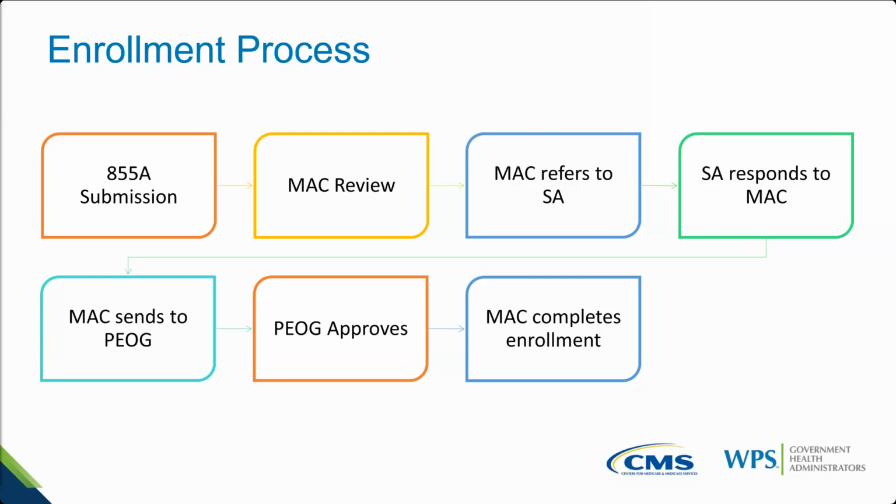Again, a lot of it has to do with the outcome of that survey and certification process. But at that point, once we get approval from CMS with that CCN and that effective date, the MAC will complete the skeletal enrollment that they have built. They will attach the CCN number, they will attach that effective date, and they will approve that enrollment. And from there, the provider will receive notification, and then they are set to bill.